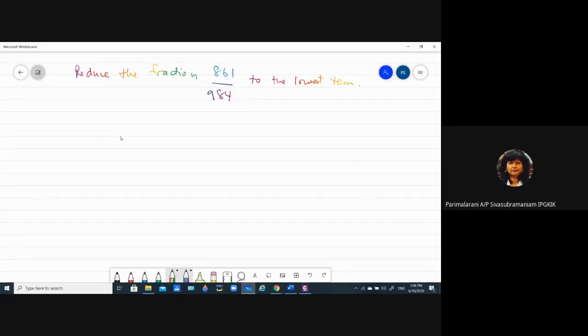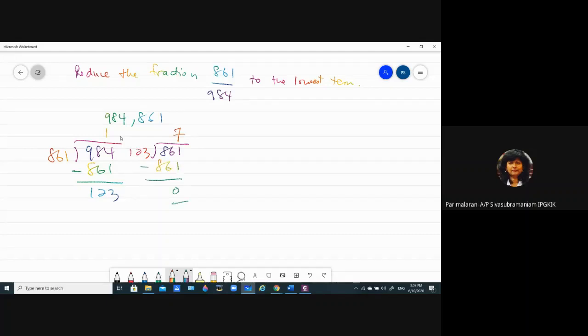Or the other way to reduce this fraction is to use the Euclidean algorithm. Find the GCD for both numbers and then divide straight, okay? So what is the GCD for 984 and 861? 984 divided by 861 is 1, and you get a remainder of 123. Then 861 divided by 123: 123 times 7 is 861, so there's no more remainder.